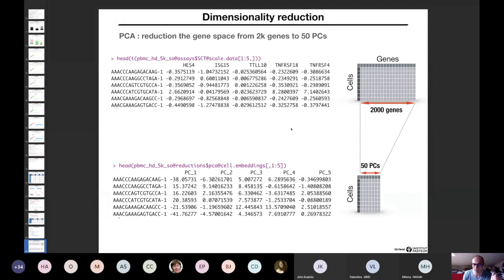So we have a first round of dimension reduction with a PCA, and we calculate roughly about 50 PCs. You see here, it's the same cells, but instead of having the gene expression, you have the PCs. And the PCs are linear combinations of the genes that are selected, the 2,000 genes, okay?